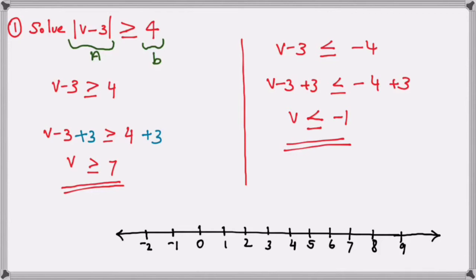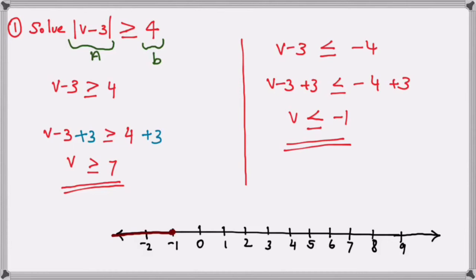Because it's less than or equal to, it's a closed dot. It would be V less than or equal to -1, so that would be this.